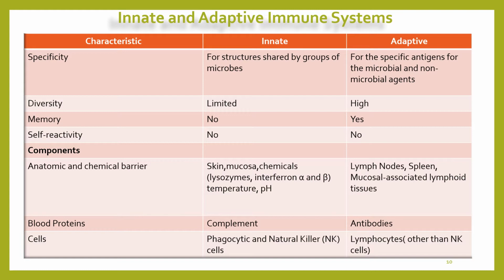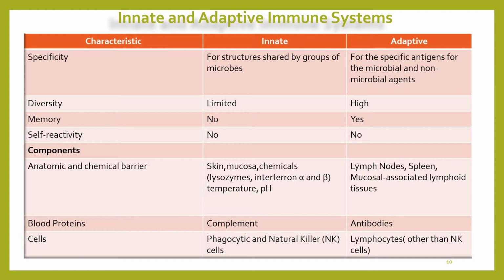Diversity: your innate has limited diversity as compared to your adaptive, which has high diversity. As to memory, your innate doesn't remember, but your adaptive does. Self-reactivity: both should not be self-reactive. They should not react on themselves.